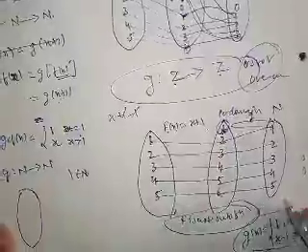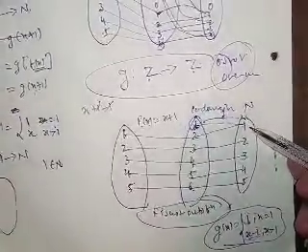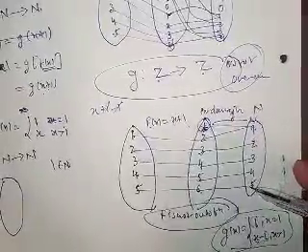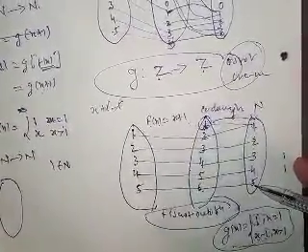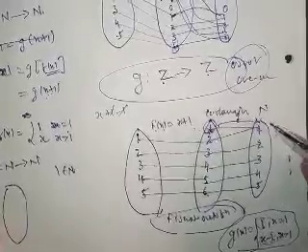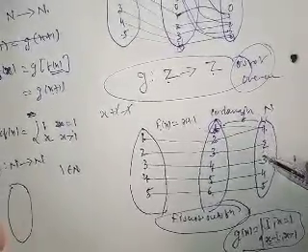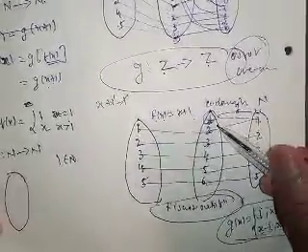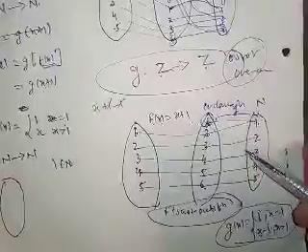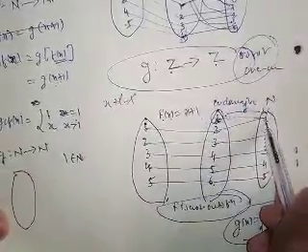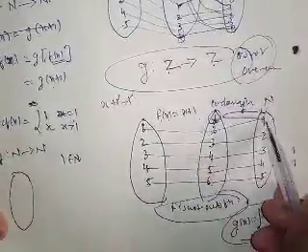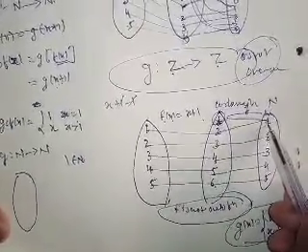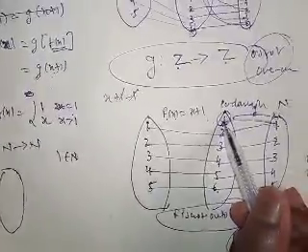Now let's check onto. As I said earlier, for onto function, all the elements in the codomain should be exhausted. Exhausted means there should not be any element left in the codomain without an image in the domain.